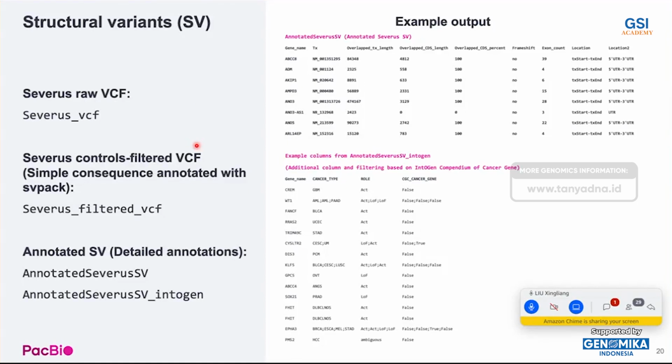For SV calling, the SV caller provides three different outputs. The first one is the raw VCF file for SV calling, which is annotated. Then we push this a little further: after we remove those from the normal samples, we derive the somatic VCF variant set, which is further annotated using SVPack for the simple functional annotation.